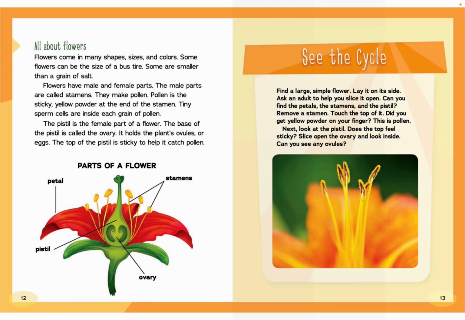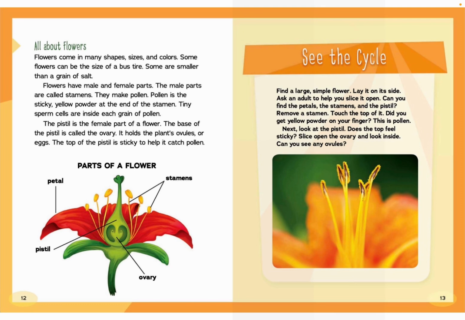Find a large, simple flower. Lay it on its side. Ask an adult to help you cut it open. Can you find the petals, the stamens, and the pistil?